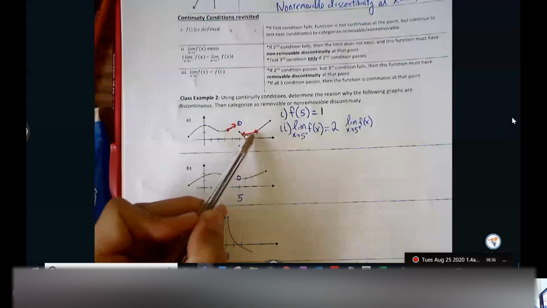And we can clearly see this is not in agreement, right? This is a different value here.